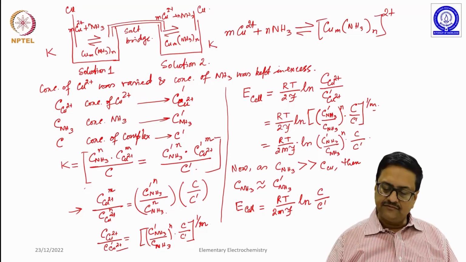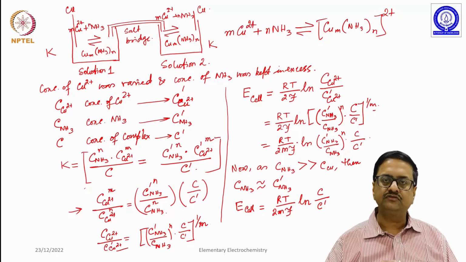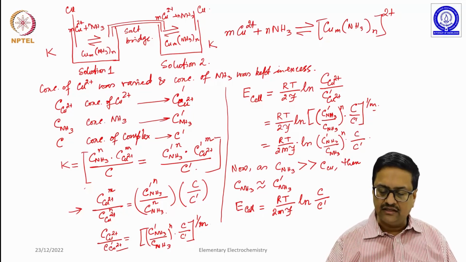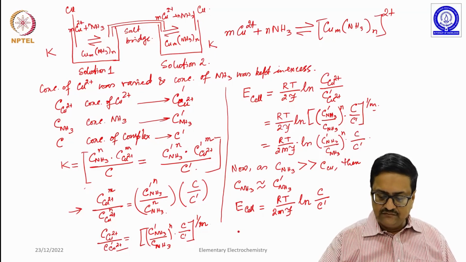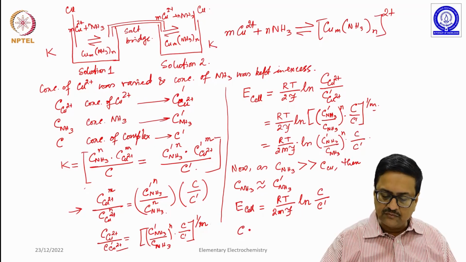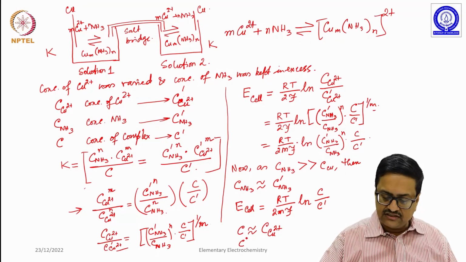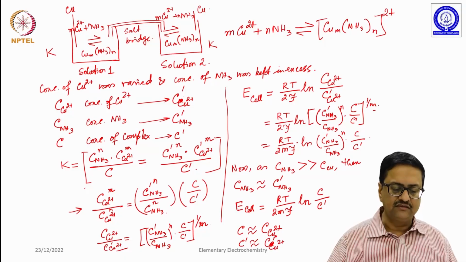Now, when we have ammonia in large excess, which essentially means that most of the copper 2+ ions will remain complexed in the form of copper amine complex. So, the concentration C is nothing but equal to the concentration of Cu2+ in the left solution and C prime is the same as the concentration of Cu2+ in the right solution.